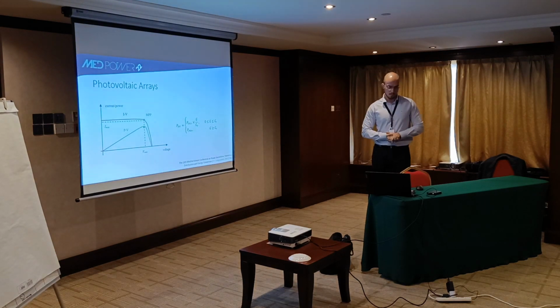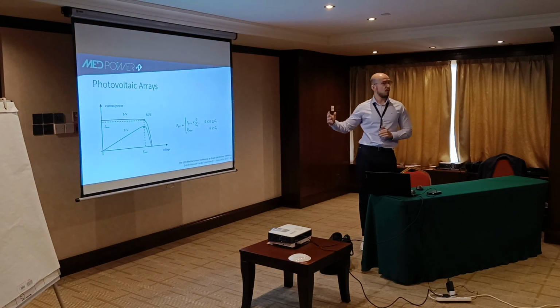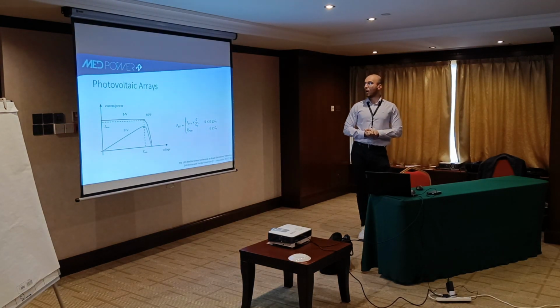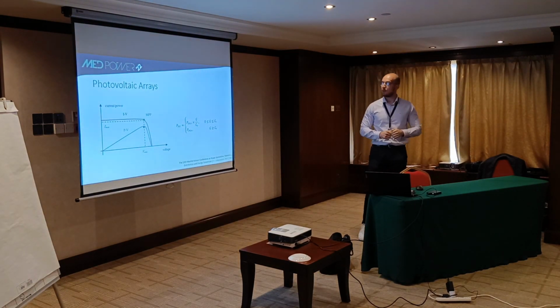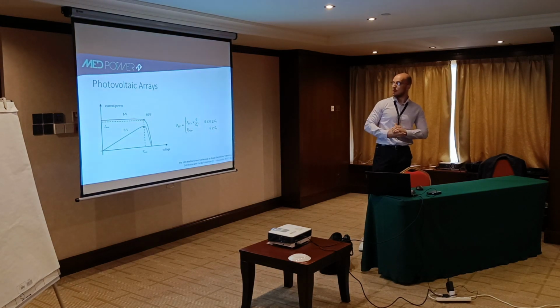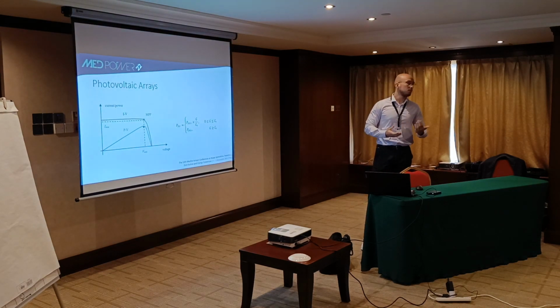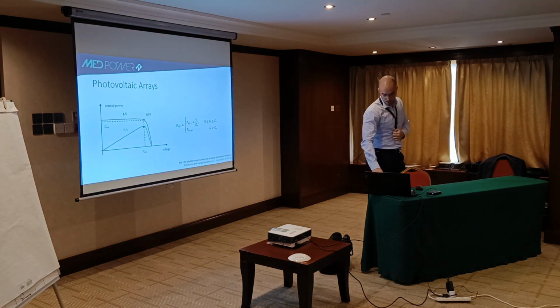There are many models for output power in the literature. We chose the model which states that power equals rated power times the ratio of irradiance to rated irradiance when the irradiance is below the rated value, and the array outputs the rated power when the irradiance is greater than or equal to the nominal value.